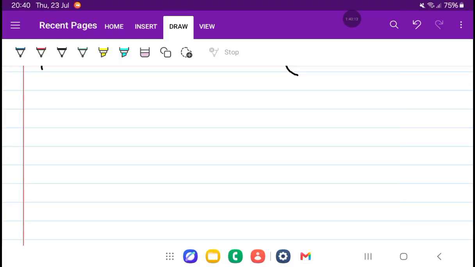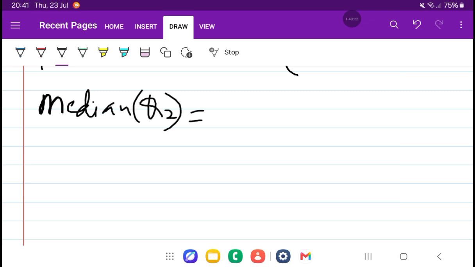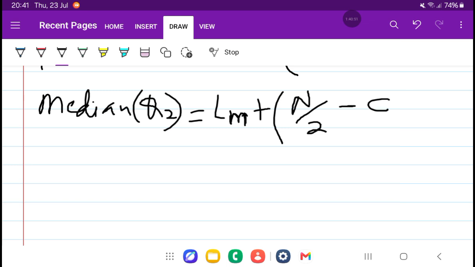Now, we know that for you to compute the median, that is Q2, we said the median is going to be the LM plus, we open bracket, n over 2. Other people use a half times n, but it is the same thing like saying n over 2 minus cumulative frequency before. You close the bracket.